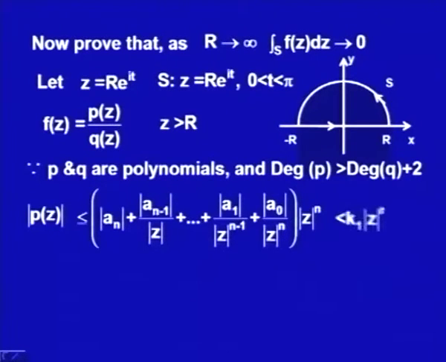So we could write that mod p(z) is bounded by k_1 times mod z^n. Now, let us see the denominator q(z).